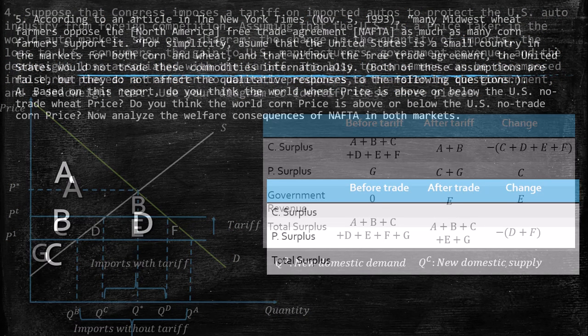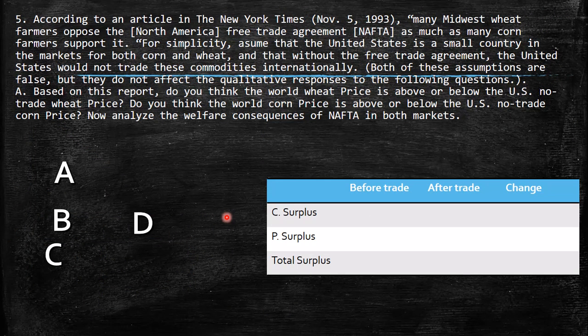Okay, so now we have the fifth point. According to an article in the New York Times, November 5th, 1993, many Midwest wheat farmers opposed the North America Free Trade Agreement, known as NAFTA, as much as many corn farmers supported it.